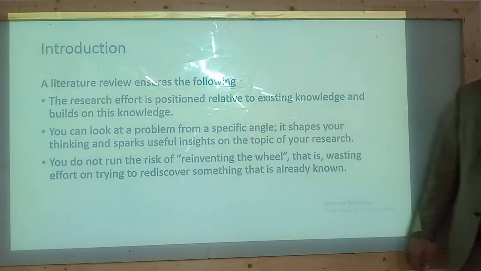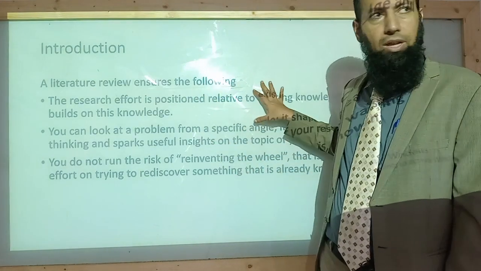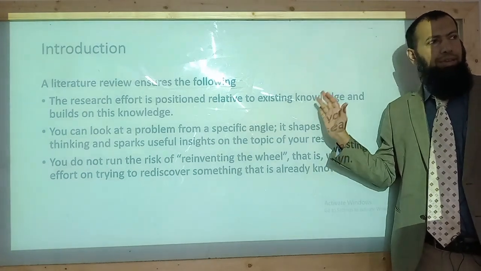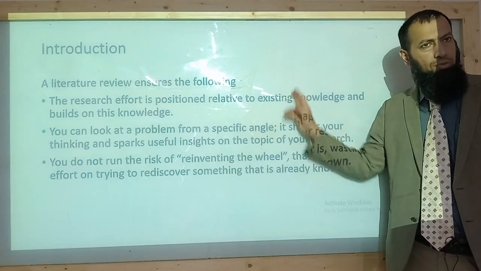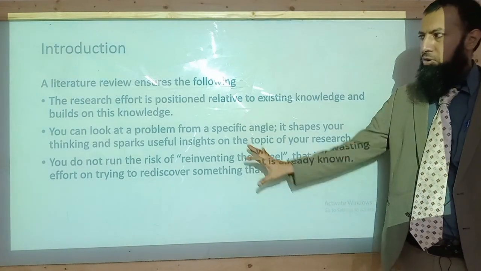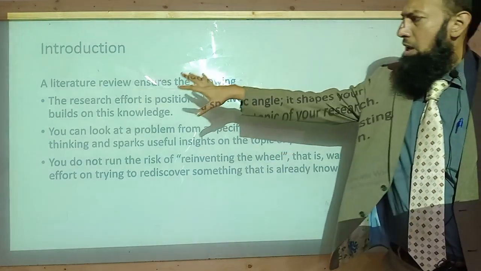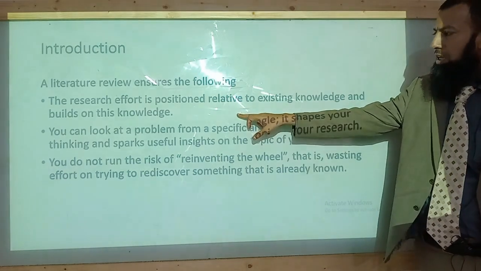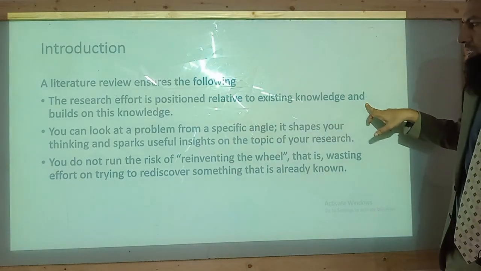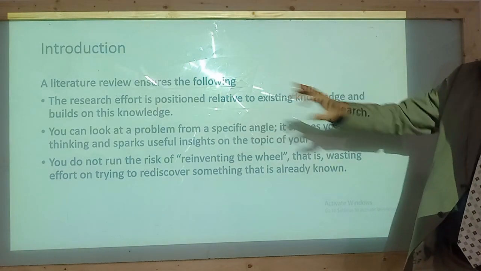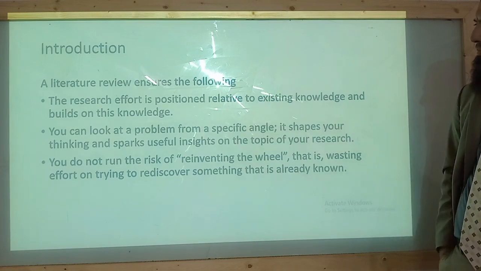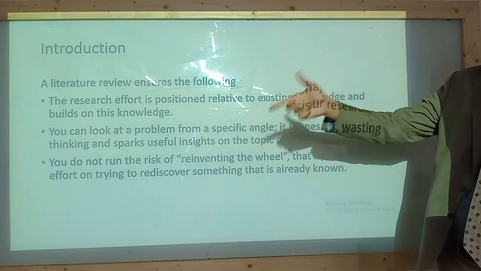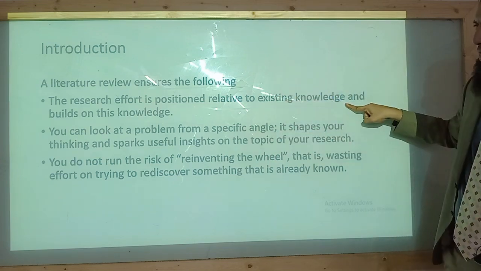Okay. A literature review ensures the following. I need your attention here, because I will assess you on these points in your quiz and exam. These are theoretical discussion points. A literature review ensures the research effort is positioned relative to existing knowledge and builds on it. Whatever position the researcher takes is based on existing knowledge.